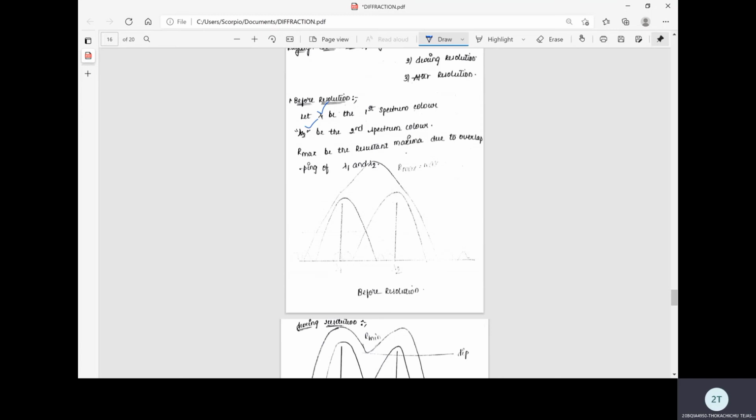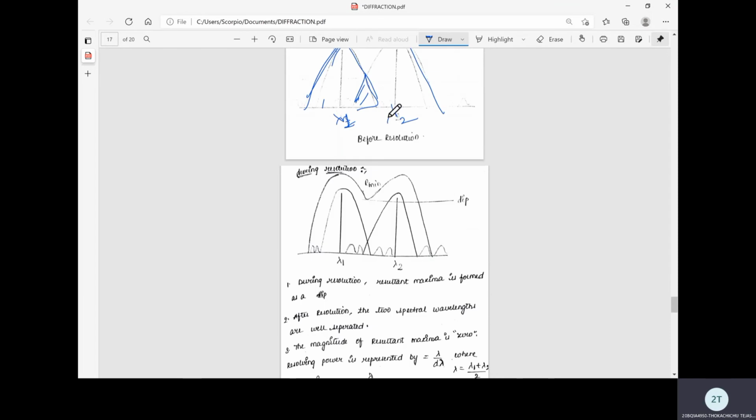As we can clearly see, before resolution these two colors of different wavelengths lambda 1 and lambda 2 are clearly overlapping with each other in this part, and the resulting graph shows a completely new color similar to both of them, because they are overlapping.